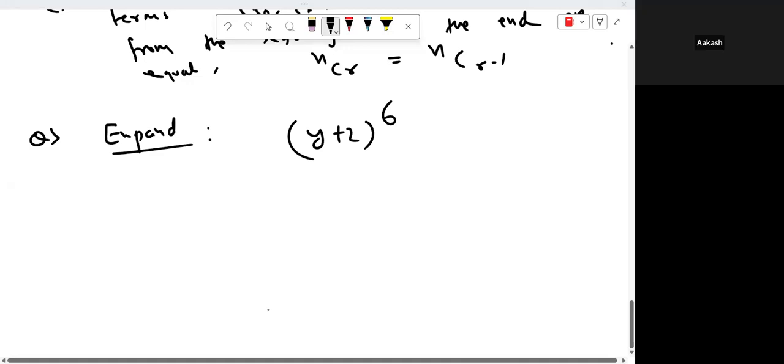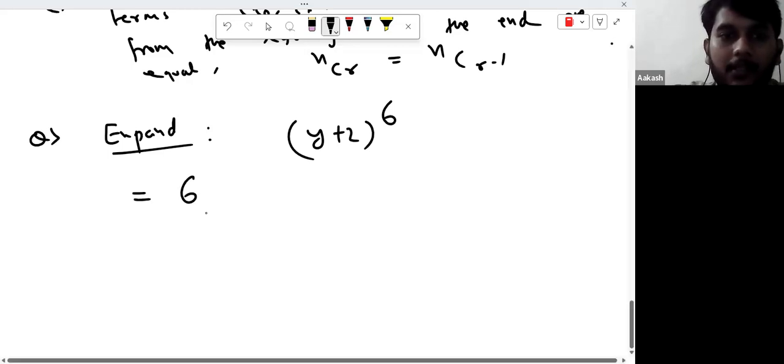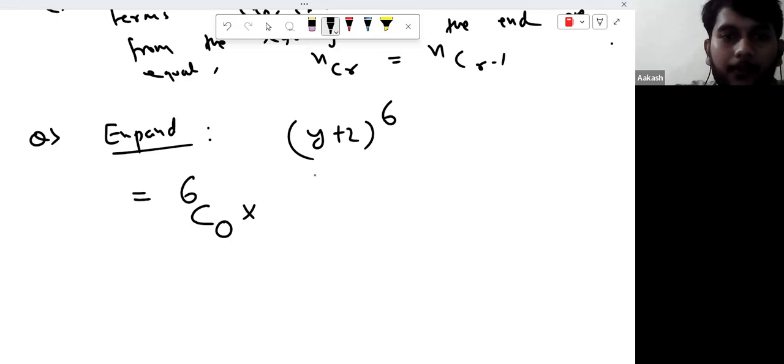So Akib and Joel, look at this. How to expand this? Take this power 6 C0. Remember nCr, permutation or combination? Same thing, 6C0 into first term to the power 6 minus 0, into second term to the power 0.